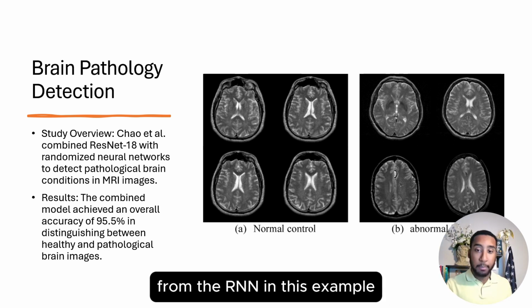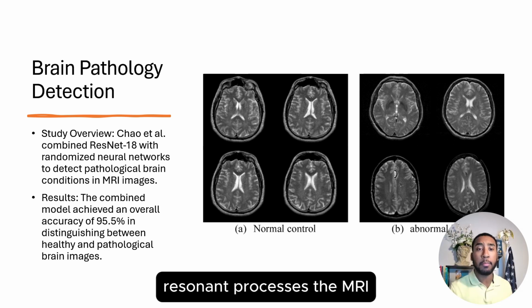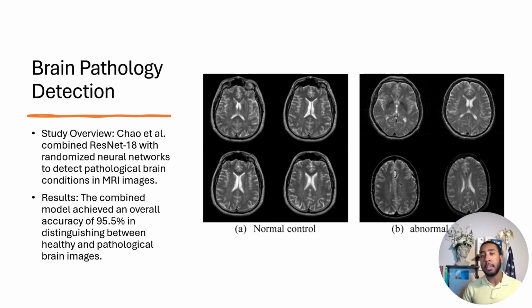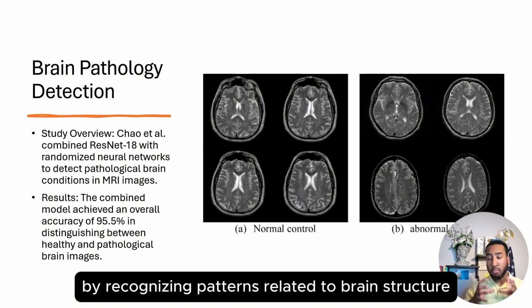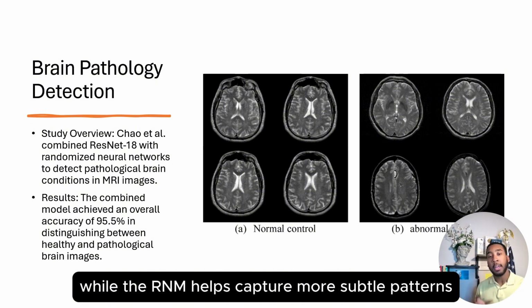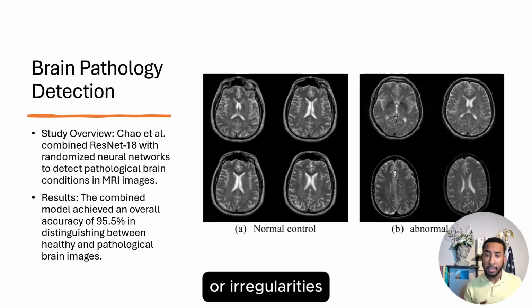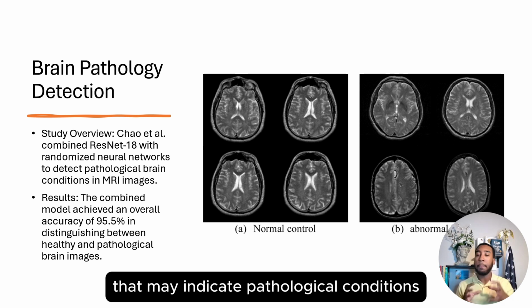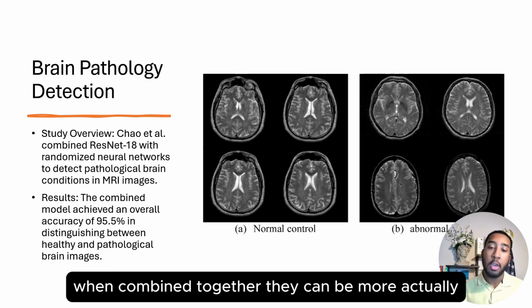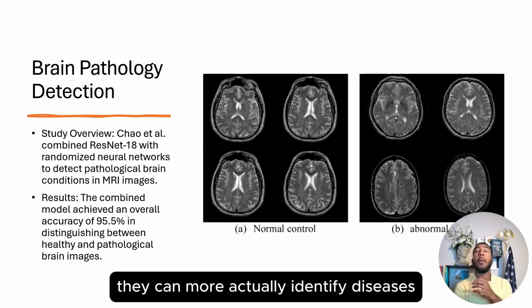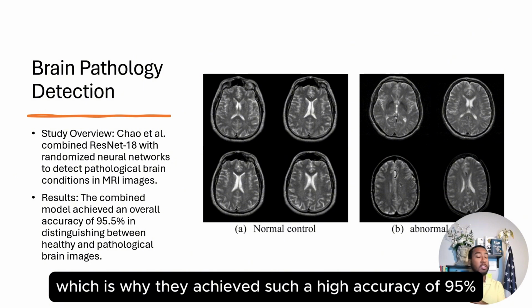In this example, ResNet processes the MRI images by recognizing patterns related to brain structure, while the RNN helps capture more subtle patterns or irregularities that may indicate pathological conditions. When combined together, they can more accurately identify diseases, which is why they achieved such a high accuracy of 95%.